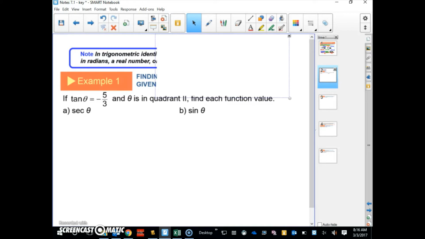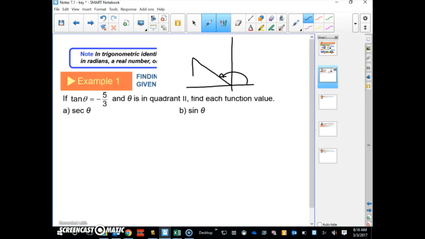And so, when you see tangent theta equals -5/3 and theta is in quadrant 2, what we did was we drew a picture in quadrant 2. I don't know if you remember this. Chapter 5 we did some, and chapter 6 I believe we did some again. But we draw an angle in the second quadrant, okay? And since we know tangent is y over x, we could fill in the y side of the triangle and the x side of the triangle.